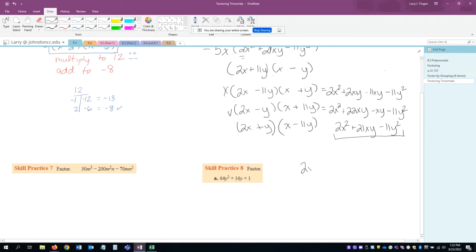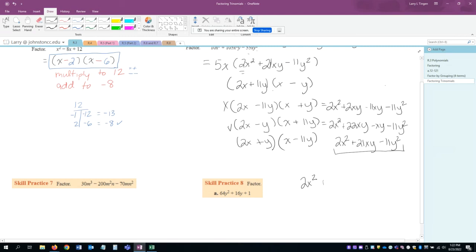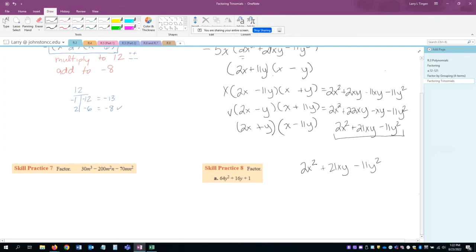So the problem that I had was, after I factored, I had 2x squared plus 21xy minus 11y squared.